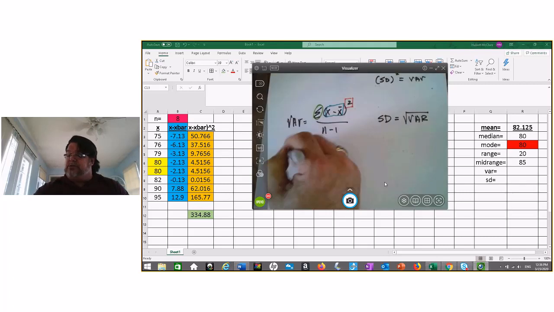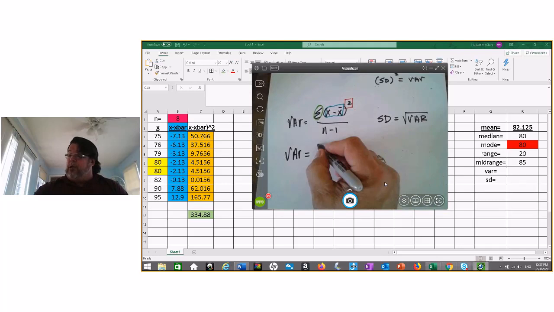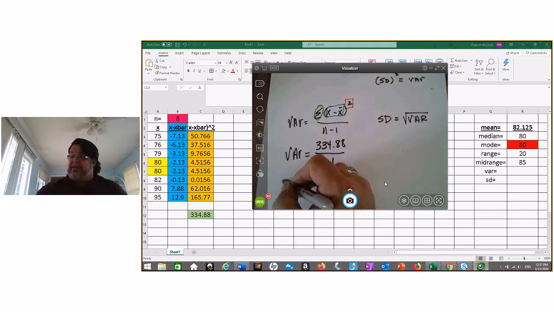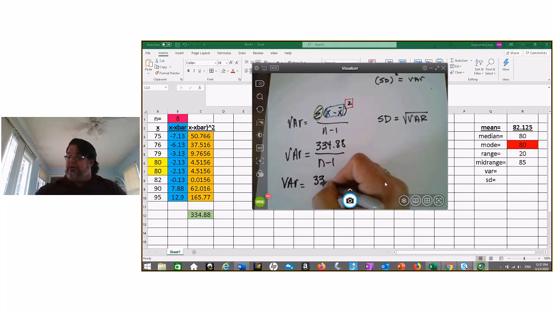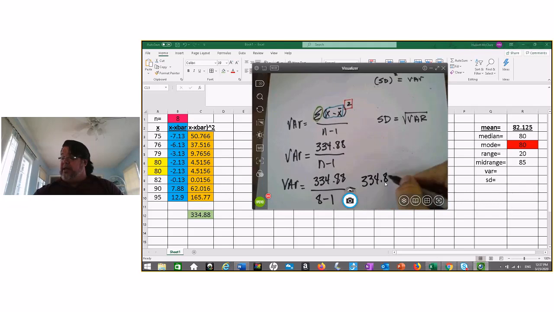So variance is equal to 334.88 over n minus 1. Well, n is 8, so variance is equal to 334.88 divided by 8 minus 1, which is equal to 334.88 divided by 7.